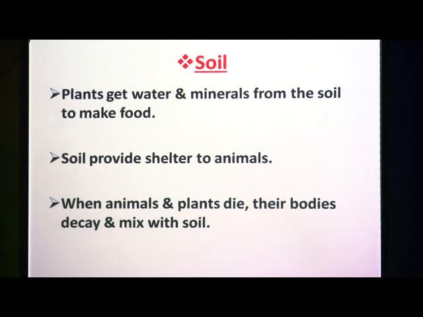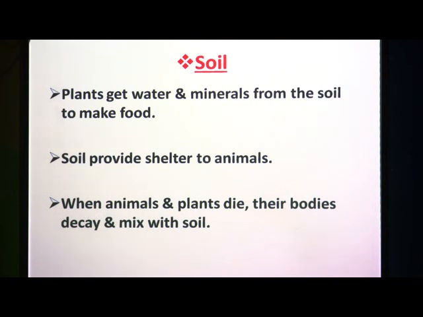Plants get water and minerals from the soil which is needed for them to make food, and plants also get nutrients from the soil. All the nutrients and minerals, plants get with the help of their roots. So, for giving nutrients, for giving minerals, soil is also useful for plants.